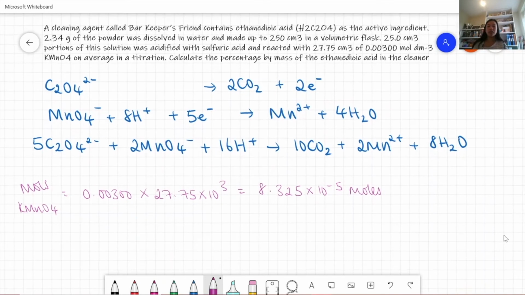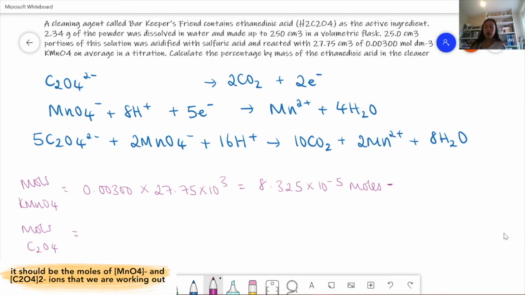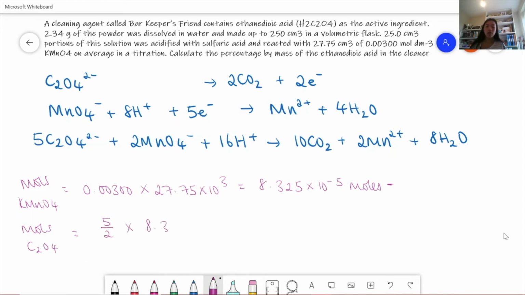Looking at the equation, the ratio between manganate and ethanedioate is 2 to 5. So the moles of ethanedioate that reacted is 5 over 2 multiplied by the moles of potassium manganate, and we get 2.08 times 10^-4 moles.